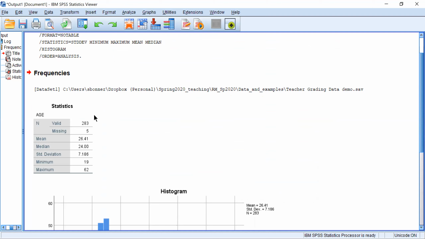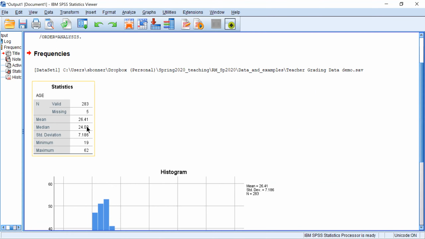And you'll see that out of a sample of 283 plus 5 people who didn't answer the age question, so that's a sample of 288, the mean age is 26.4, the median age is 24, and the standard deviation is 7, and the minimum is 19, maximum is 62. So what does that tell us?